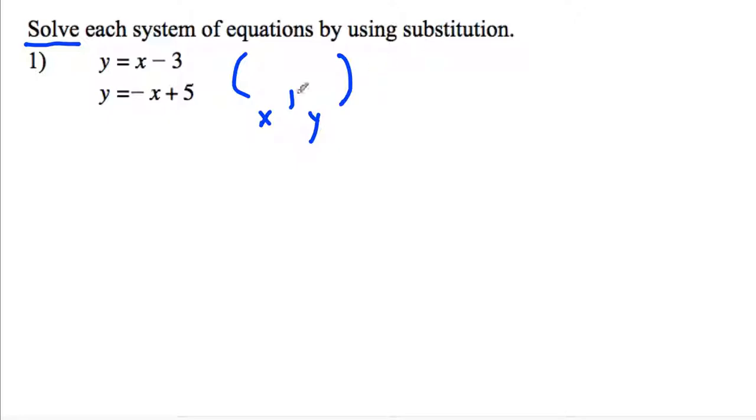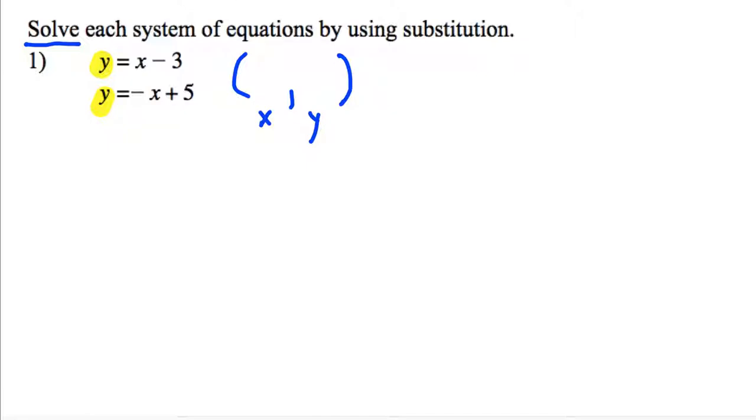I'll show you that when we check our solution later, but let me show you what this substitution thing is all about. With substitution, what we really need is one of the variables to be by itself. So we either need y by itself, so y equals something, or x equals something. In this case, we actually have both equations where y equals something.